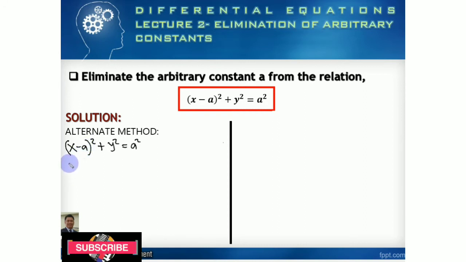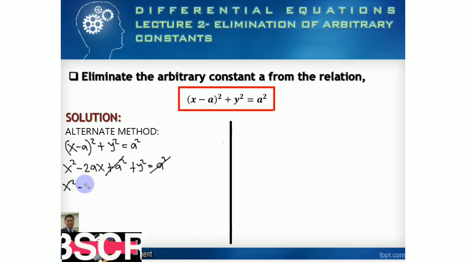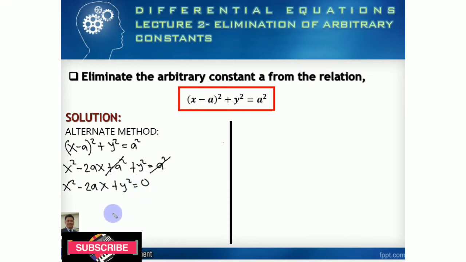So this would be equal now to x squared minus 2ax plus a squared, plus your y squared is equal now to a squared. As you can notice, these two will just cancel out with each other. So a squared minus a squared is just equal to 0. So this would become x squared minus 2ax plus y squared is equal now to 0.